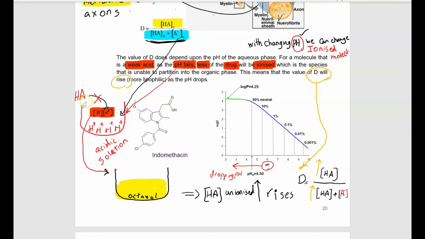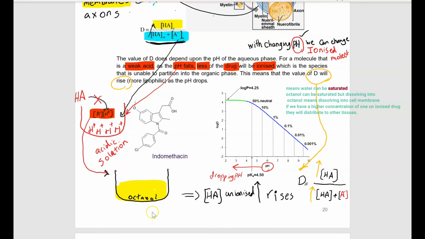So if it's unionized molecules, because the capacity of the water is not going to be changed, it cannot accept more molecules. So they prefer these whole molecules, they prefer to go back to octanol. So octanol, that's an organic solvent.